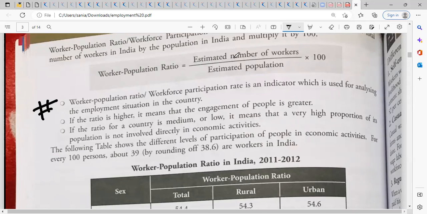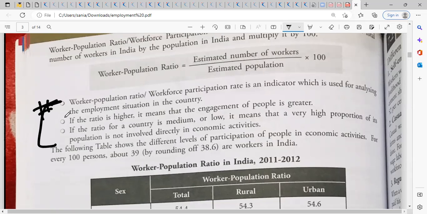If the ratio is higher, it means engagement of people is greater, so most people are engaged, which is a good factor. If the ratio of a country is medium or low, it means a very high proportion of its population is not involved directly in economic activities.